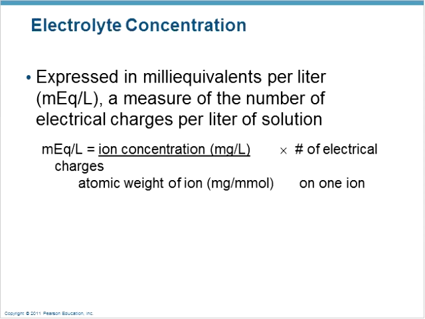Electrolyte concentration is expressed in milliequivalents per liter, or mEq/L, and it's a measure of the number of electrical charges per liter of a solution. For instance, the milliequivalent per liter equals the ion concentration, in milligrams per liter, times the number of electrical charges on one ion, divided by the atomic weight of the ion, in milligrams per millimole.